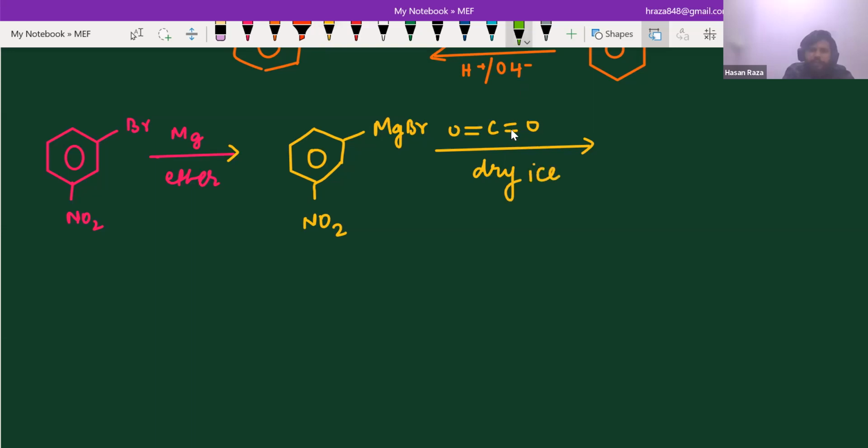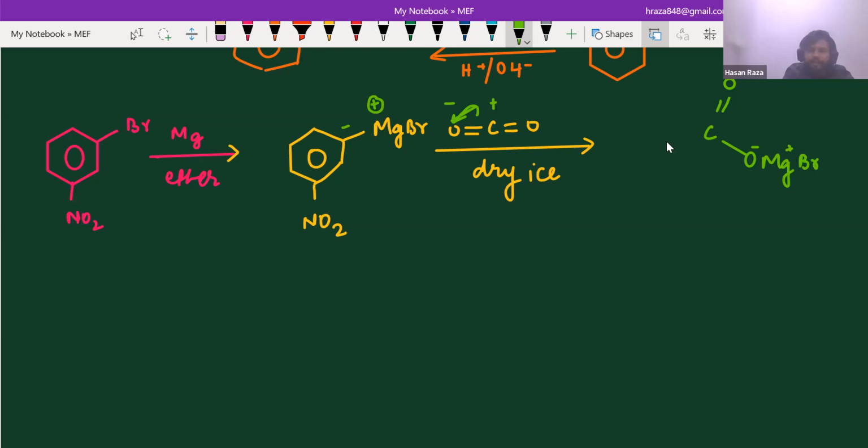This carbon will have a positive sign, and this oxygen will have a negative sign. So C double bond O negative is here, and with O negative, Mg plus Br minus, O minus Mg plus.